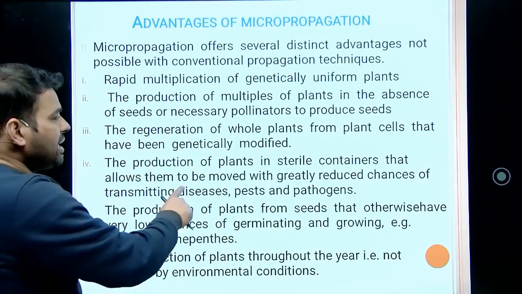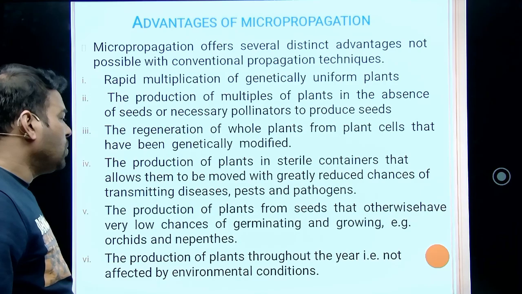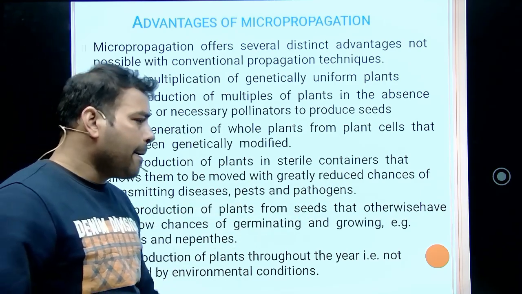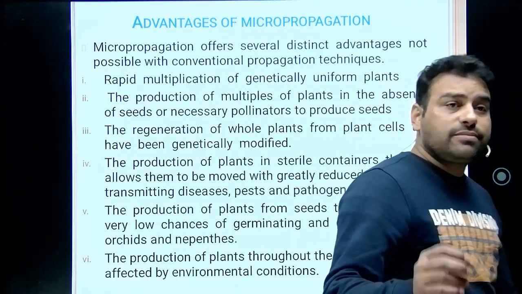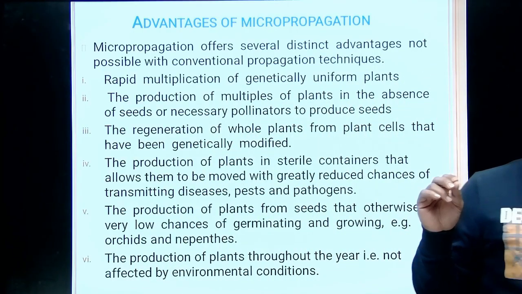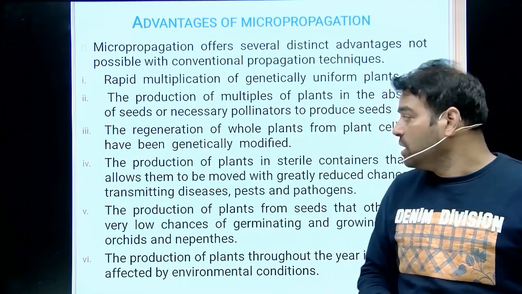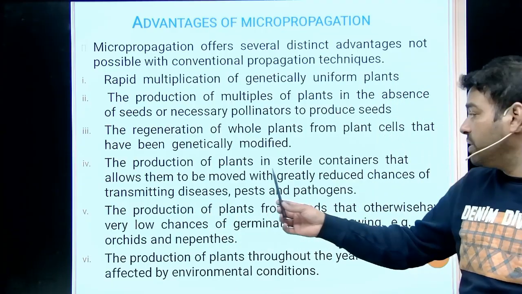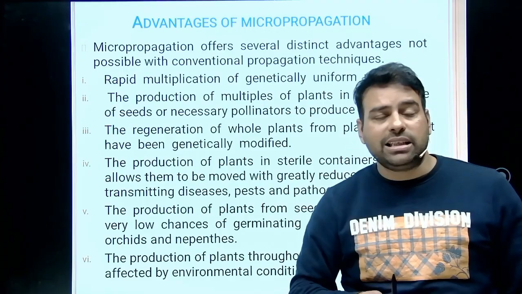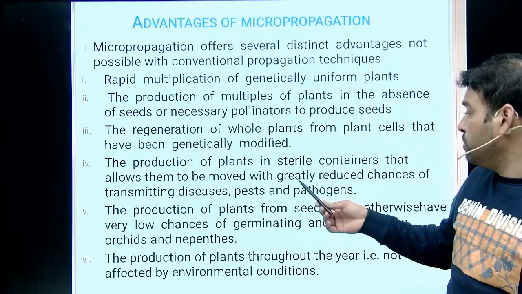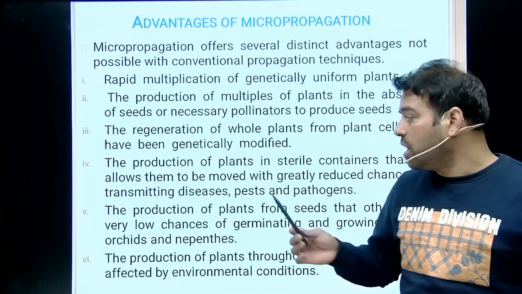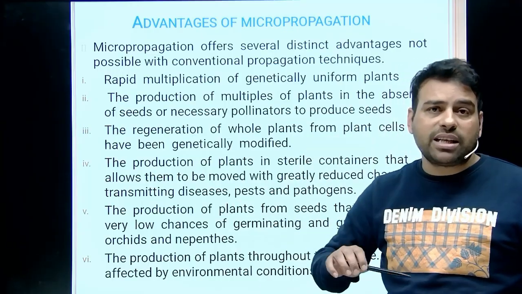The production of plants in sterile containers that allows them to move with reduced chances of transmitting disease. Since we are using virus-free or disease-free explants, we can produce disease-free, pest-free or pathogen-free plants that will be very easy to transfer and move, and there will be a very reduced chance of transmitting disease from one generation to another.